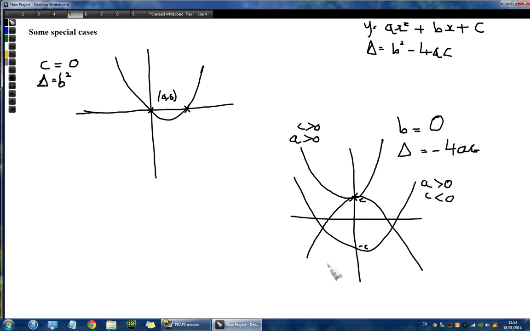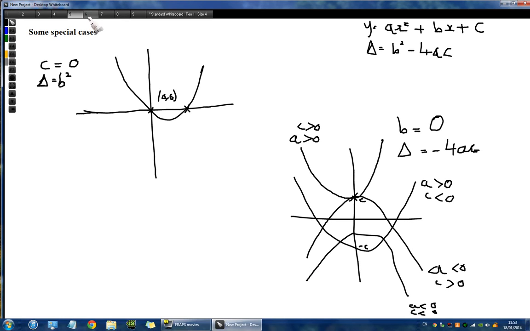And if a is negative and c is negative, we get something like that. So this is a less than 0, c greater than 0, and a negative, c negative. So there are just a couple of special cases that are quite interesting to look at.